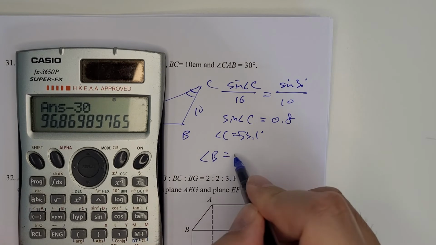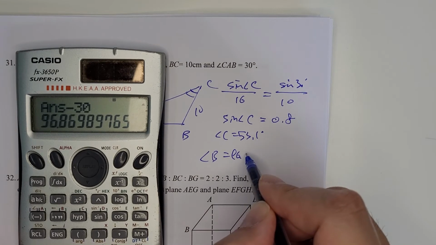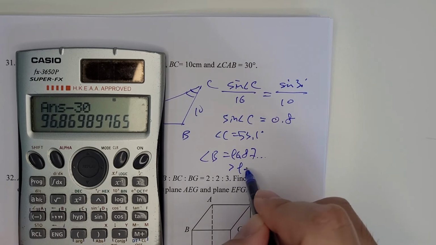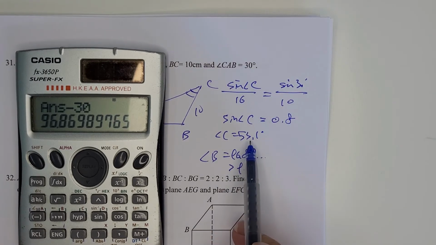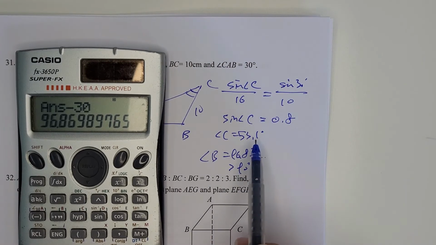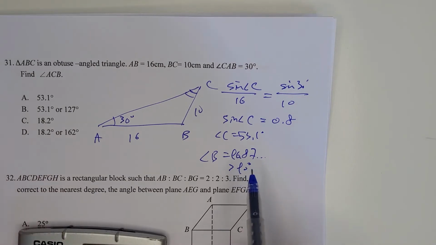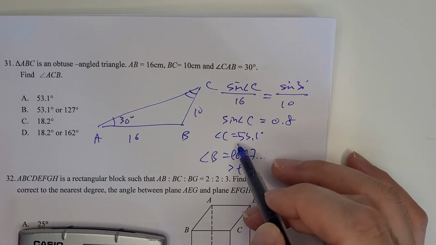It is still equal to 96.87 something, okay? It's still greater than 90 degree. So if angle C equals 53.1 something, this can also be an obtuse angle triangle. So we keep this answer.